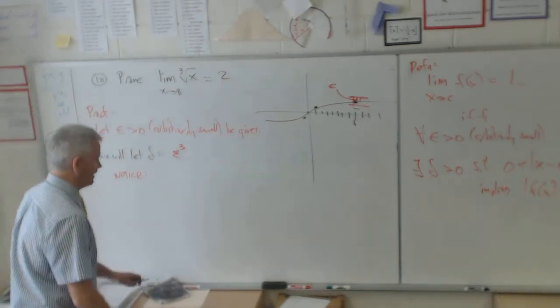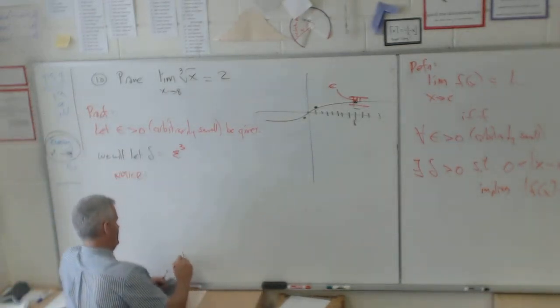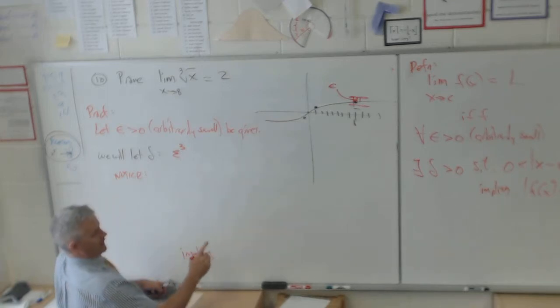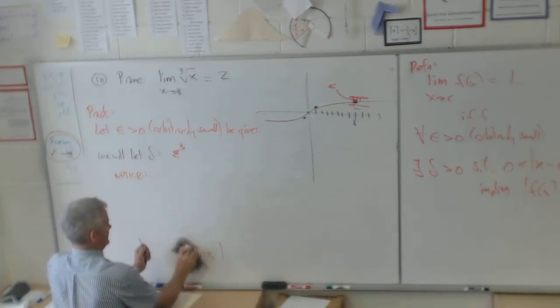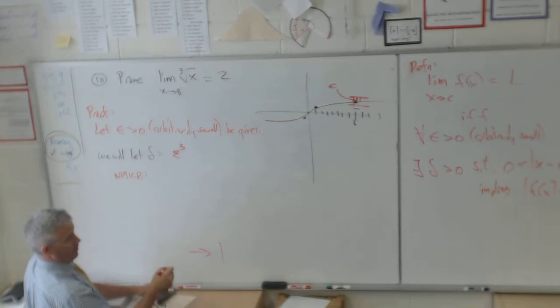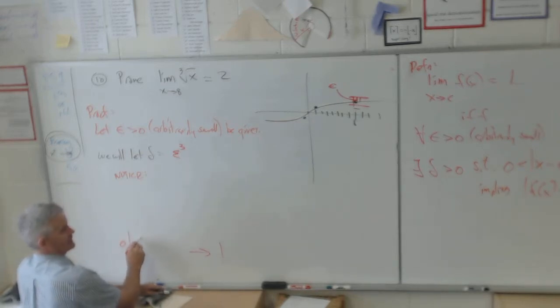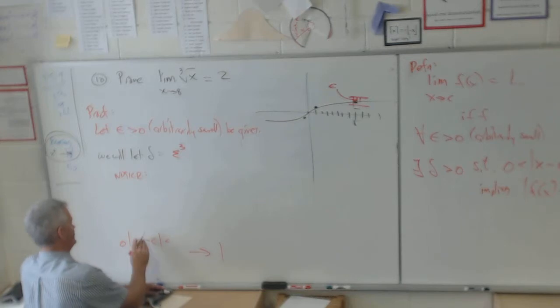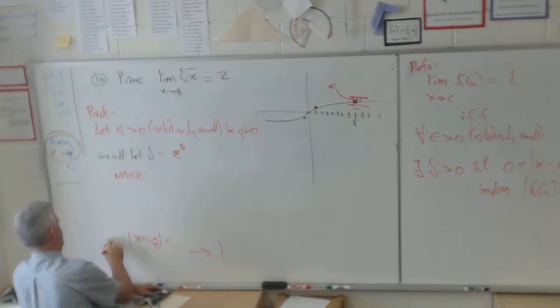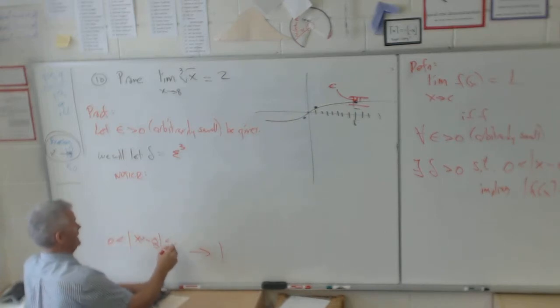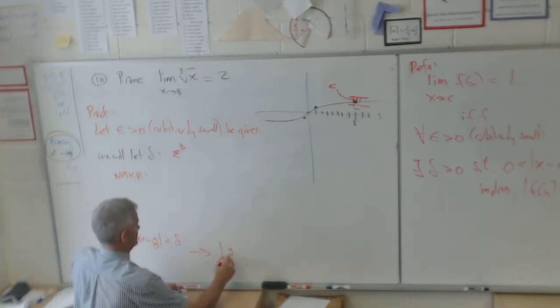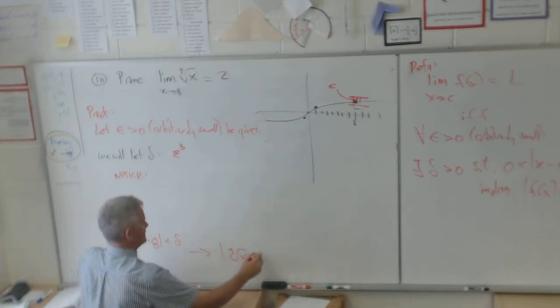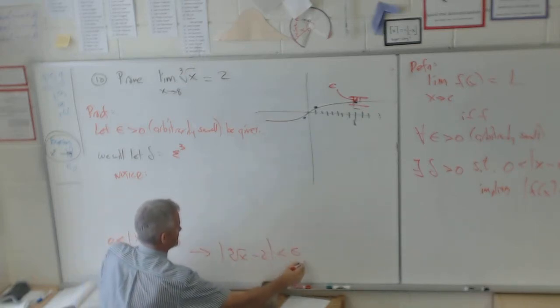So at the very end, I'm trying to get the fact that what we have implies that, I'm just going to write it more classically with the arrow, 0 is less than the absolute value of x minus c, in this case 8, that when this is less than delta, we get the absolute value of f of x minus my limit 2 is less than epsilon.